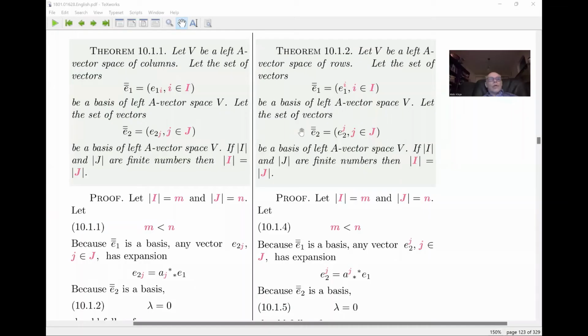Now, after a long journey, we finally near our destination. In this part of my lecture, I will introduce the basis manifold of a finite-dimensional vector space over a non-commutative associative division algebra A. Let V be a left A vector space of columns.